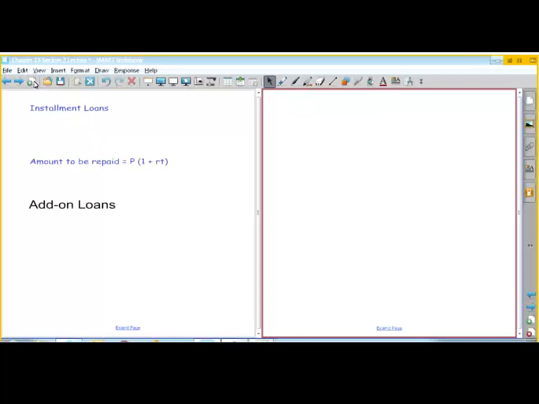I'm just going to give you an example of how that would be done. Again, I tried to find somebody who actually did an add-on loan, but I haven't found it yet. So let's say, we'll assume it's some shady furniture dealer or something, you borrow $2,000 to buy furniture.